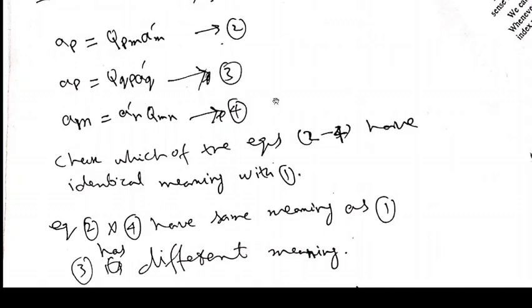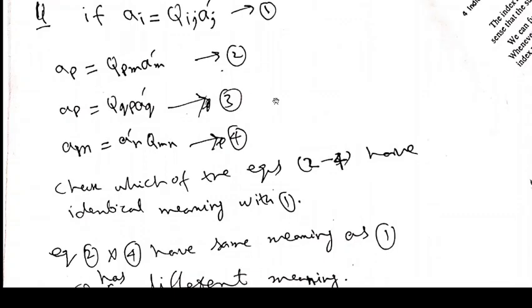Now let's go to equation number 4. In equation number 4 we have two indices m and n, where m is free and n is dummy, and the free index m has the same place as the free index i has in equation number 1. So this would have the same result as 1 has.